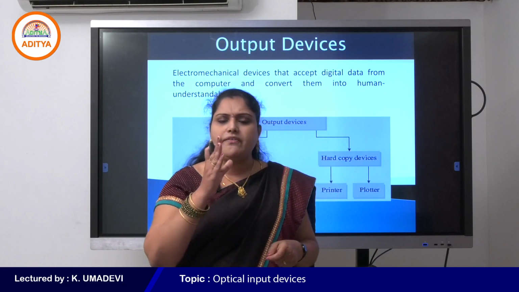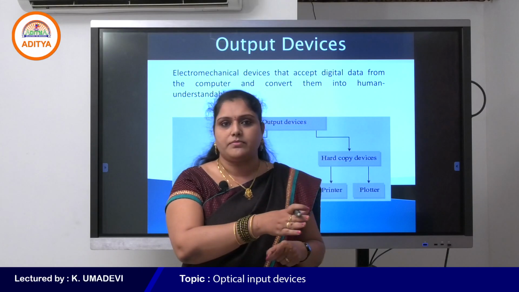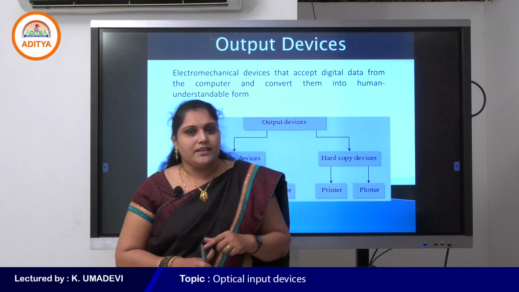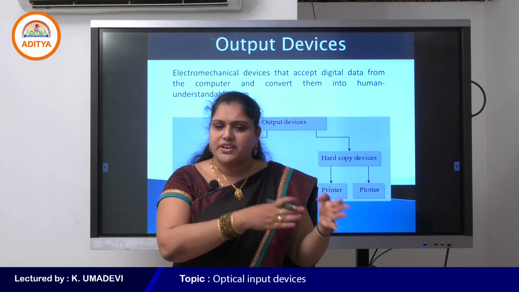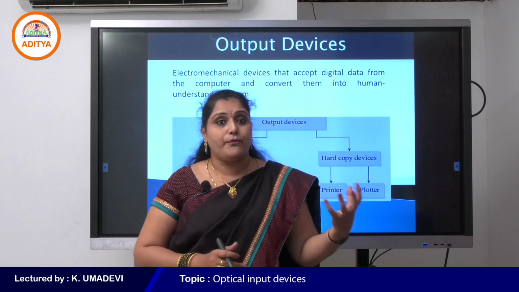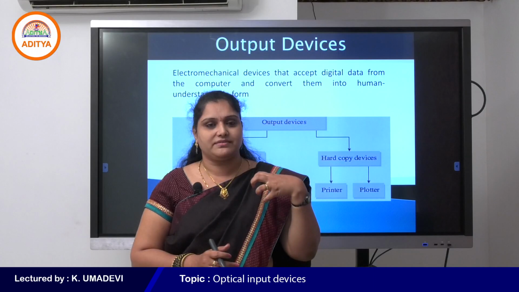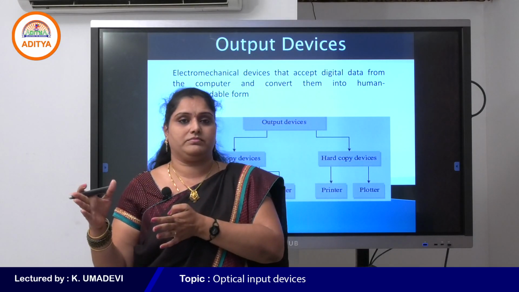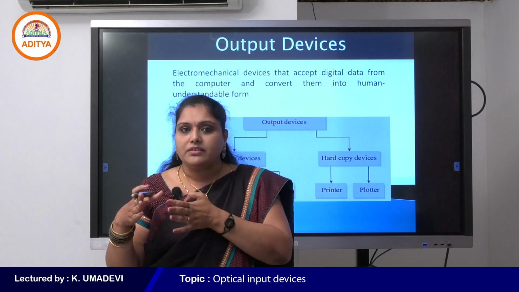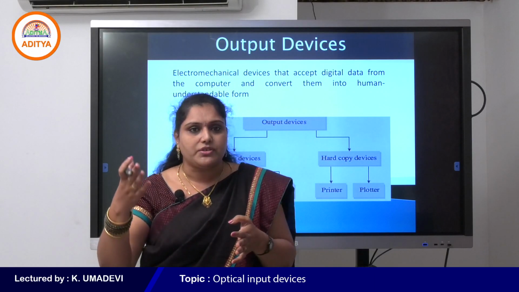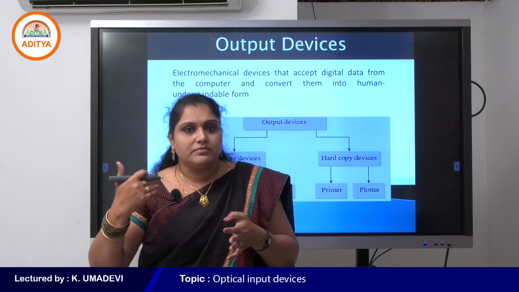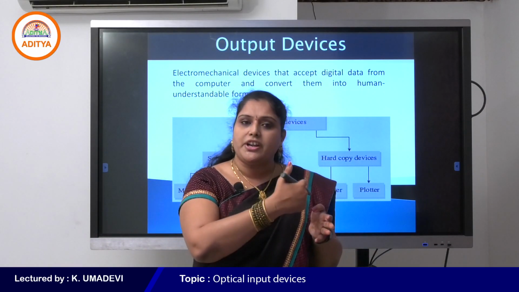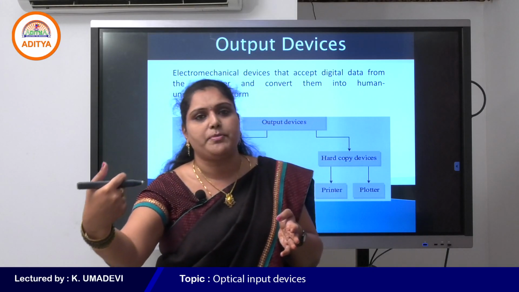Output devices of a computer system are electromechanical devices that accept a set of instructions or data from the computer and convert them into human readable form. For feeding the instructions to the system, we need to convert the data into machine readable form.